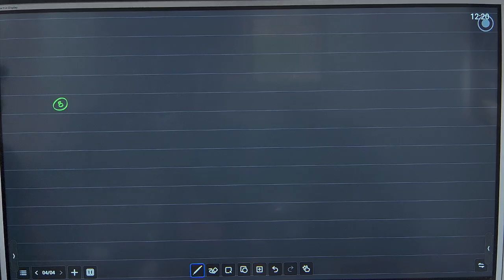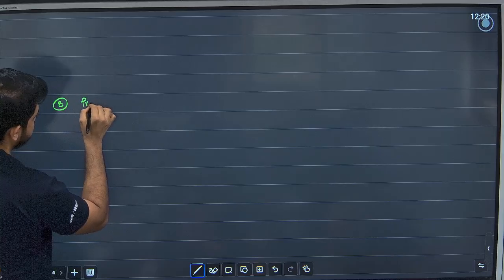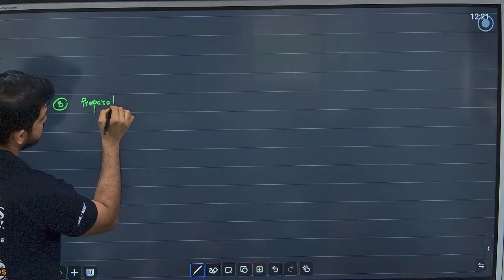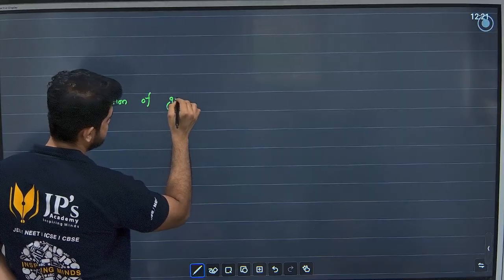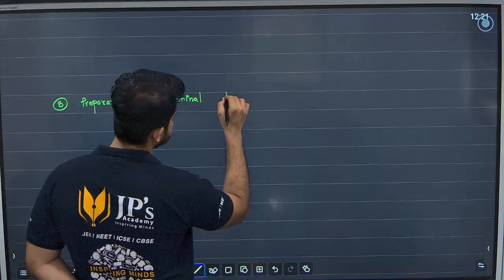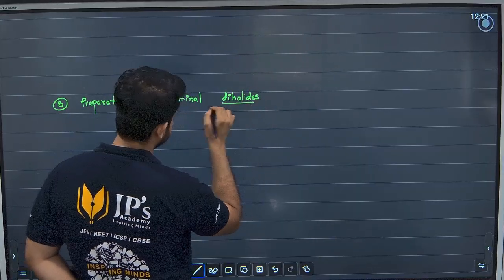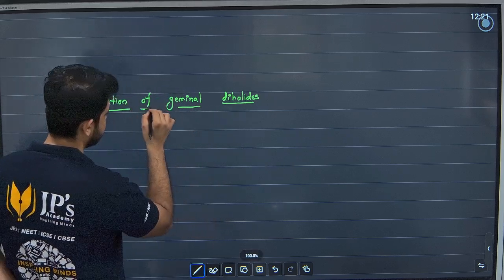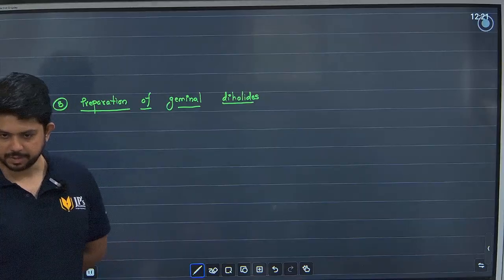Now we did reaction with phosphorus trihalide and phosphorus pentahalide. ठीक है, तो उसका एक और reaction है. We can say this is like preparation of geminal dihalides. People, what were geminal dihalides? Two halogens on the same carbon atom, they are called as geminal dihalides.